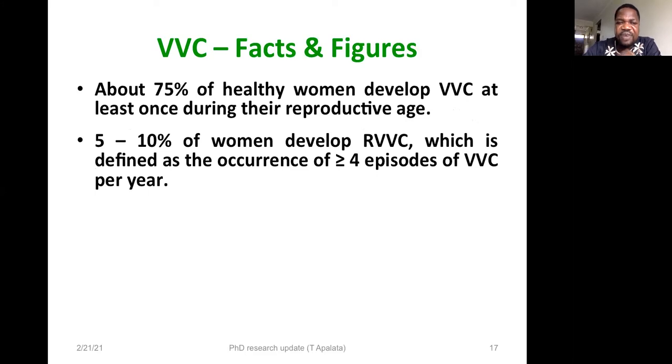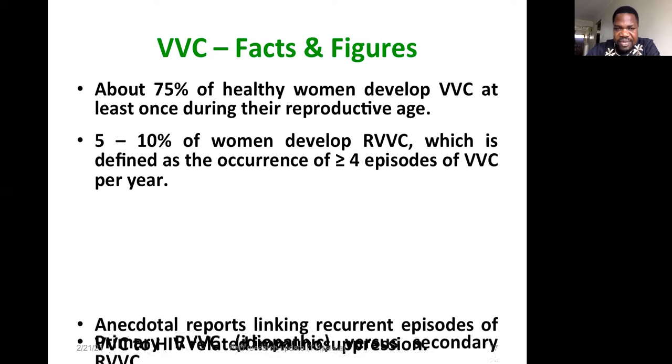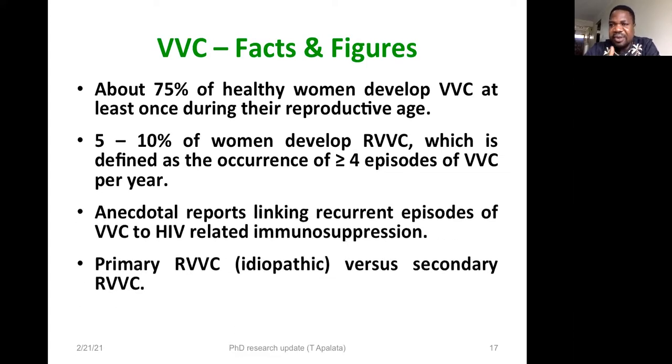5 to 10% of women will develop what we call recurrent vulvovaginal candidiasis, and that is the most concerning condition. Recurrent vulvovaginal candidiasis is defined as the occurrence of 4 or more episodes per year. It becomes really a terrible condition to deal with.